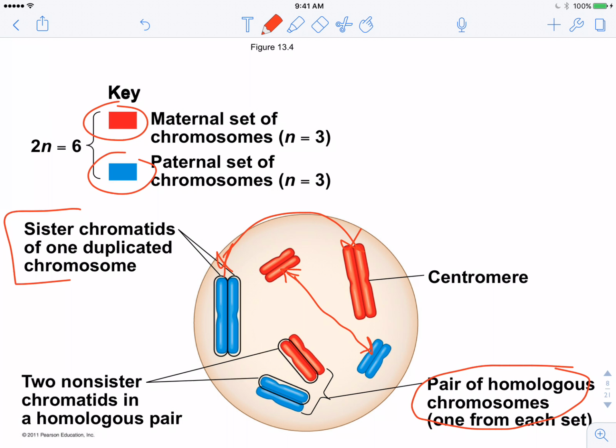And so here, because there are 3 maternal chromosomes, n equals 3. There are 3 paternal chromosomes, n equals 3. So the diploid number for this cell, 2n, is equal to 6. Okay, so there are 6 total chromosomes. And so this is a diploid cell, because there are still 2 copies of every chromosome.